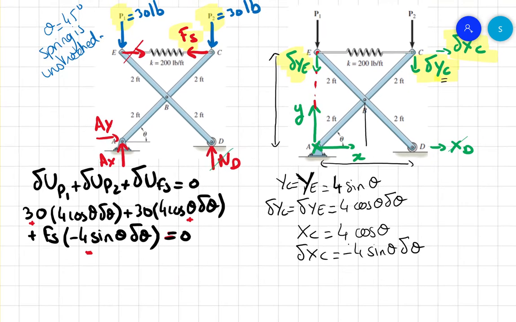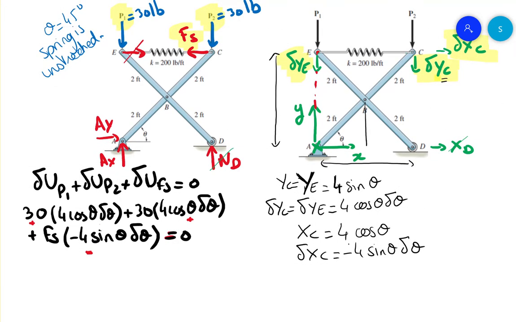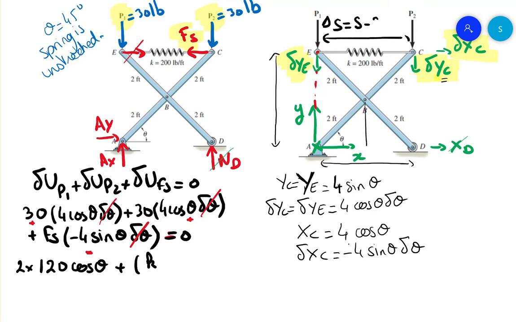Okay. So we can remove the delta theta. And let's rewrite this. We have 120 cosine theta times 2, plus the force of the spring, which is equal to K times delta S, that is equal to the new S minus S0.